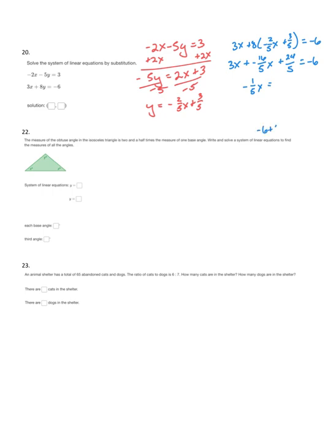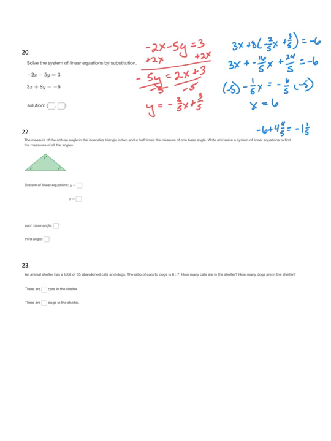Negative 6 plus 4 4/5. Well, negative 6 is like negative 5 5/5. So that's negative 1 1/5, or negative 6/5. Okay, and then I'm going to multiply both sides by negative 5. And I get x equals 6.